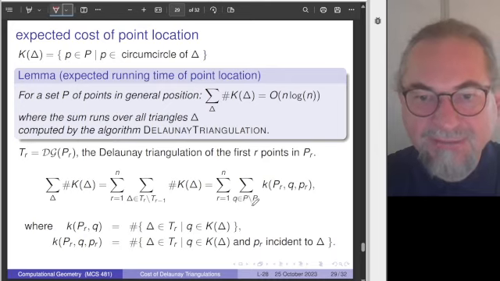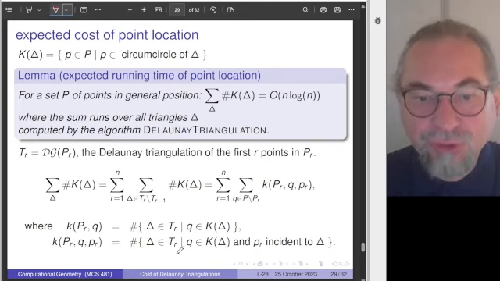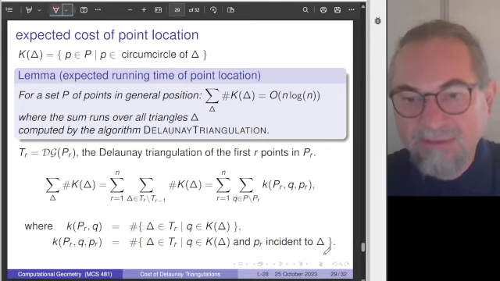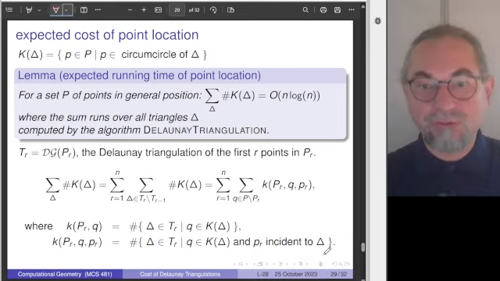So these are the n minus r points, where we are counting the number of triangles in the current triangulation that are visited and that are adjacent to those visited triangles.